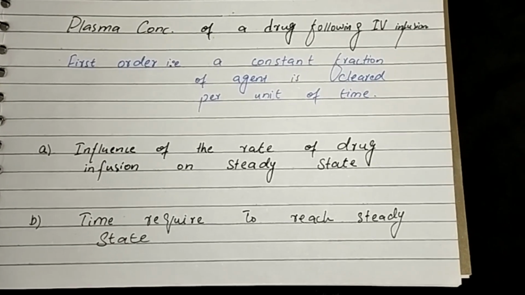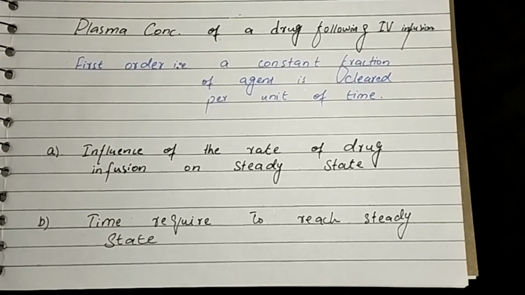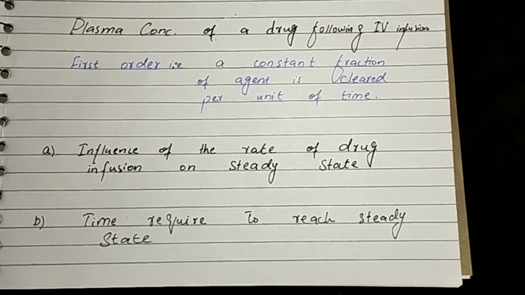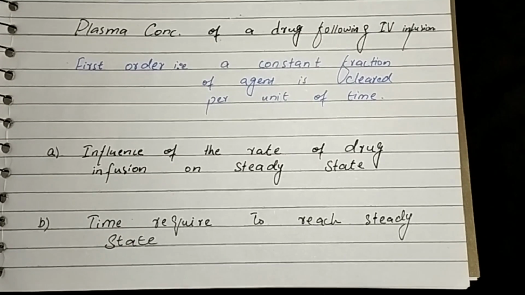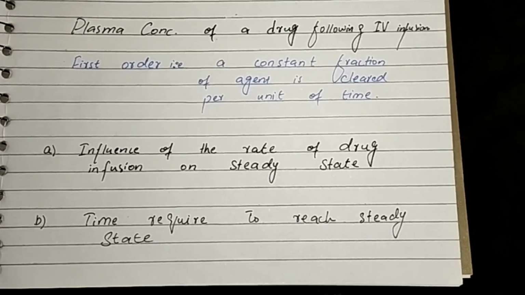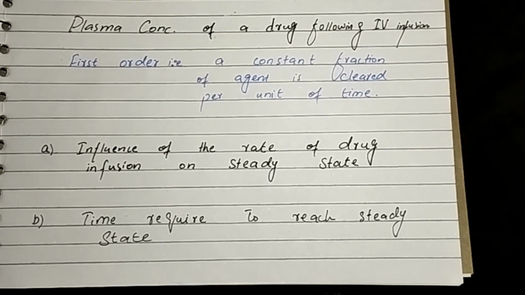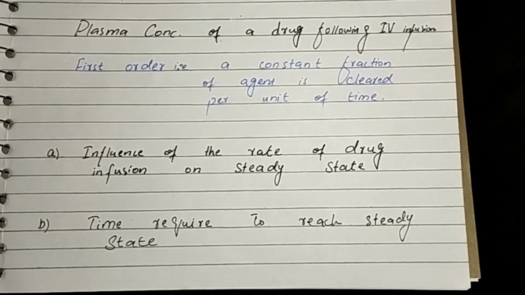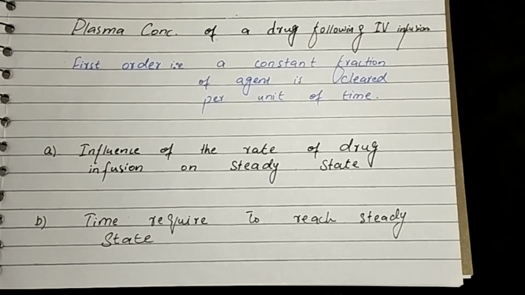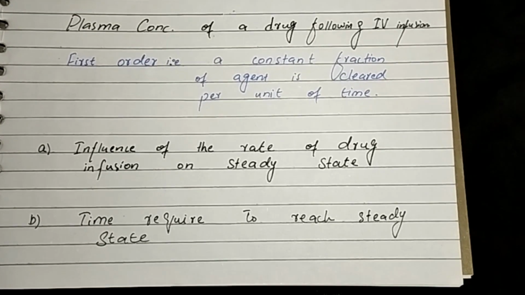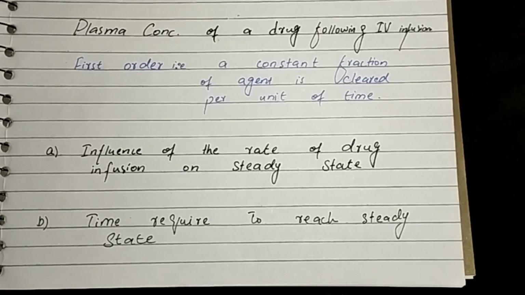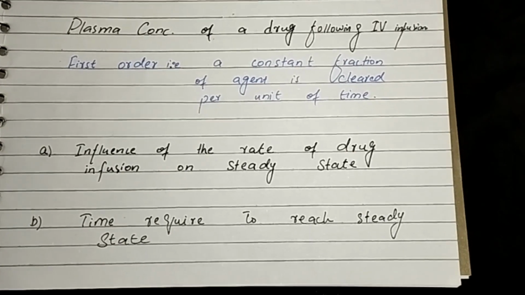Now we move towards the factors that influence the effect of the rate of drug infusion on the steady state. The steady state plasma concentration is directly proportional to the infusion rate. For example, if the infusion rate is doubled, the plasma concentration ultimately achieved at steady state is doubled.